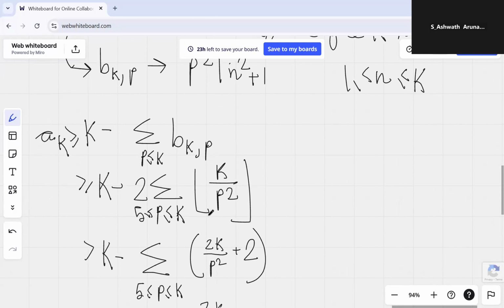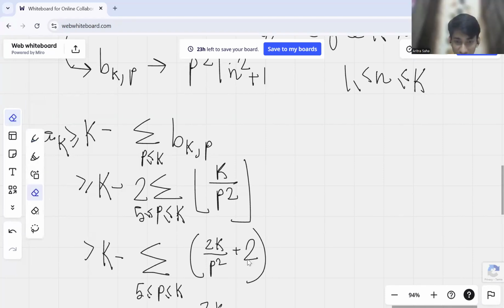So then, wouldn't it be enough if we just did 2k by p squared? True, we don't need to do it at all. Because we're using the other sign. Like we're using floor of x is less than or equal to x. So if we just change it, yeah, we don't need it.